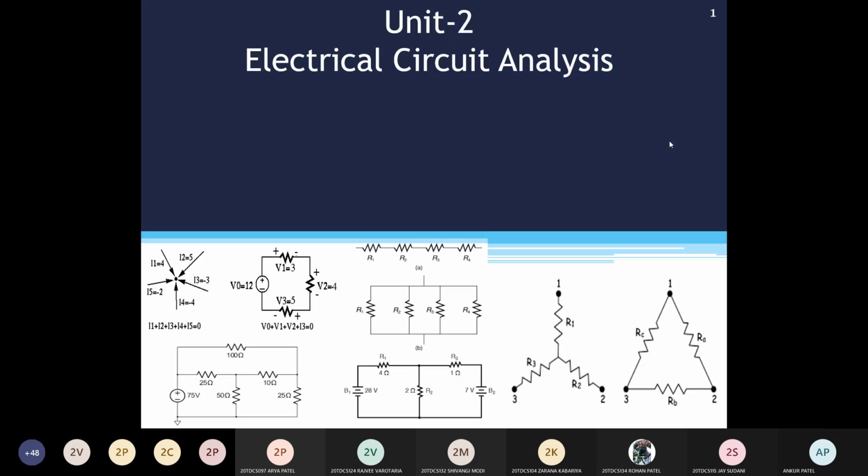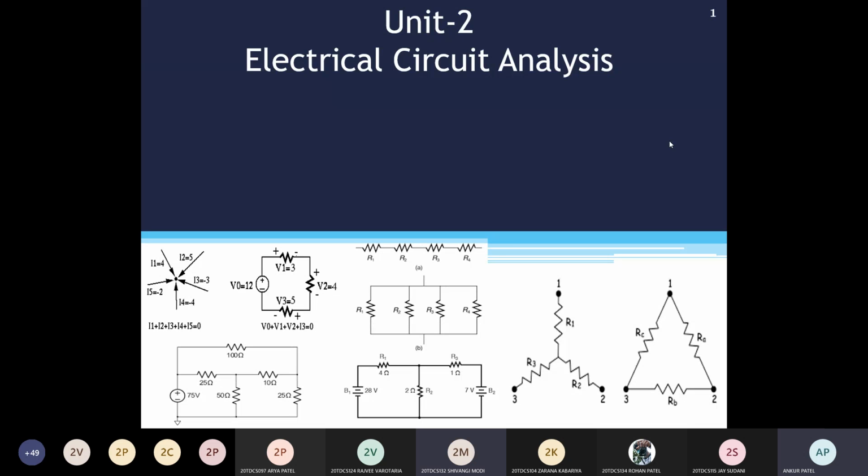Okay. What are the advantages of parallel connections? The voltage supplied is equal in all the parallel connections. Yes. But what will be the difference? The voltage rating is the same.